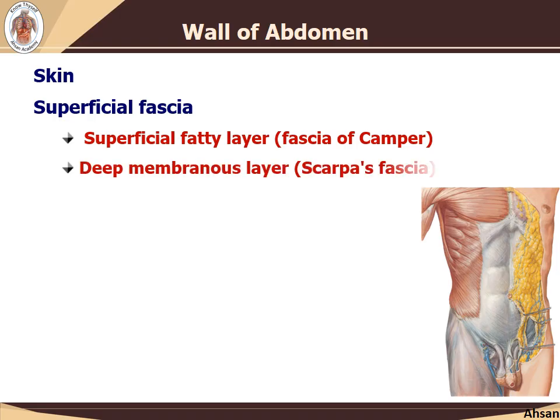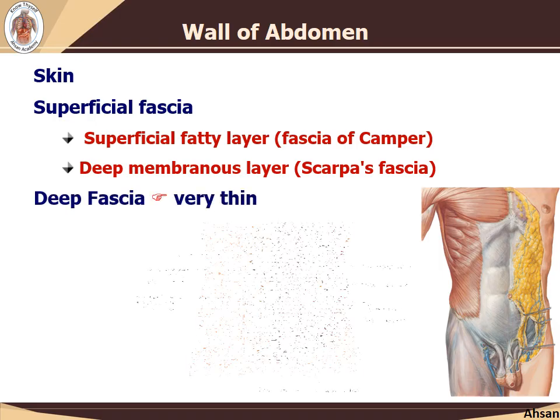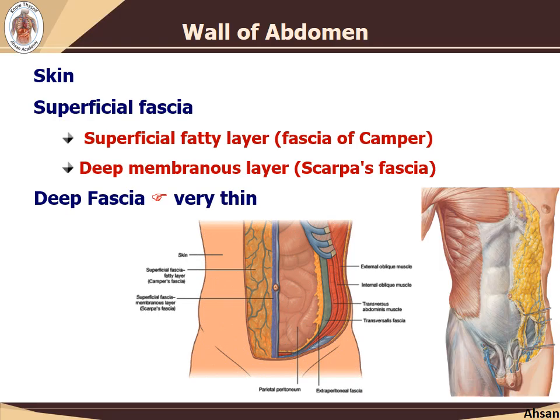Inside that there is a well developed deep membranous layer. Deep to that is the deep fascia, which is very thin and not even identifiable. After that we will get the layers of muscles.